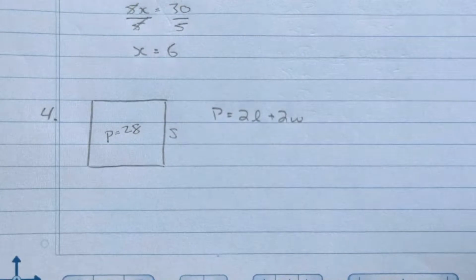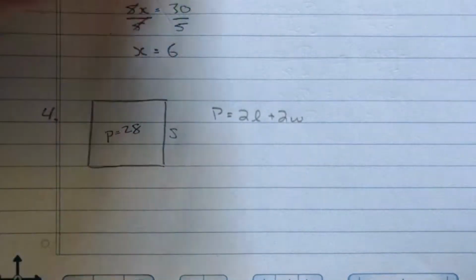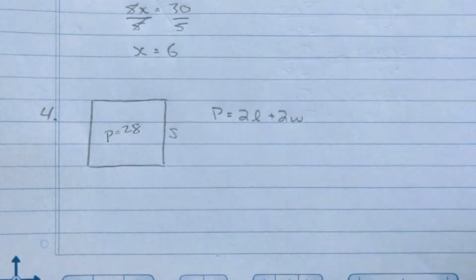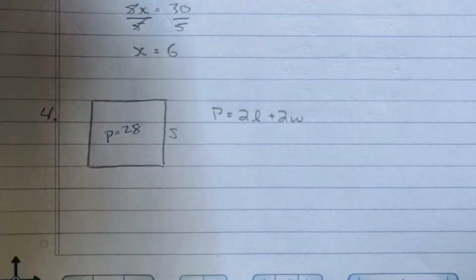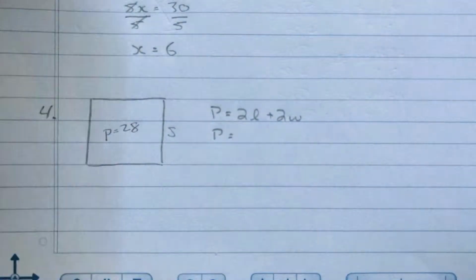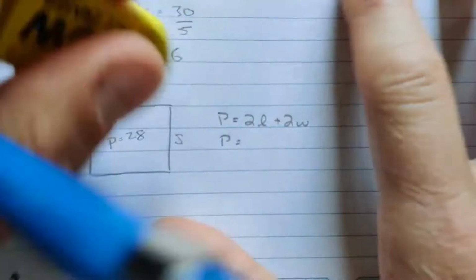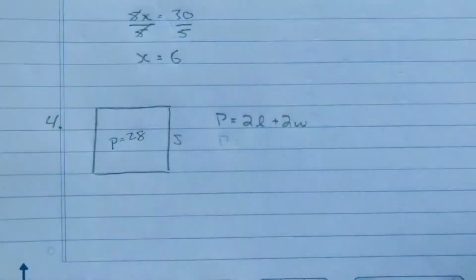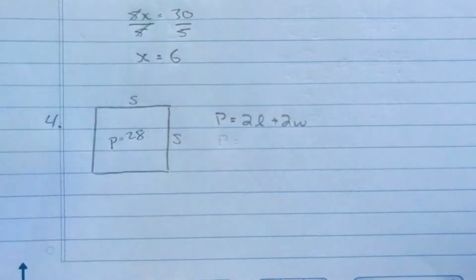It's actually 4L for a square as well, but if you just use the rectangular formula, because we usually treat a square as a rectangle, then what you can do is replace the length, which is going to be s, and the width, which is also going to be s, right? Because it's a square, both sides are the same.